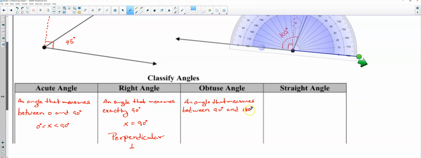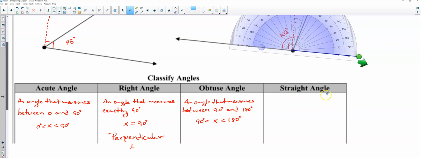So it's more than 90, less than 180, okay? And so X is between 90 and 180. If that is true, then you have an obtuse angle.